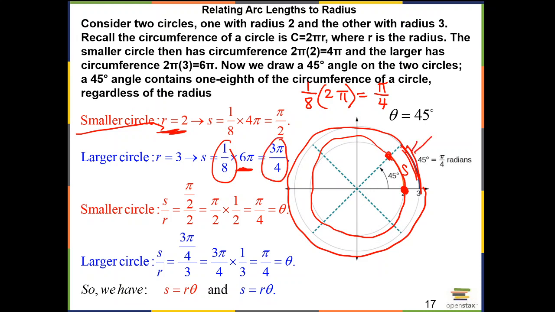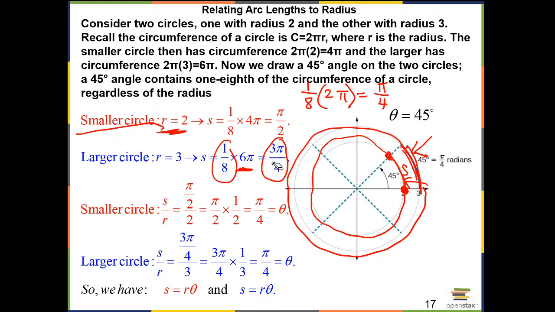So this one is 3 pi over 4, the length of it, and the S right here is pi over 2. Now, pi is 3.14, divided by 2 is like 1 point something. This one is 3 times 3 something, like 10 something divided by 4. That's the length right here.